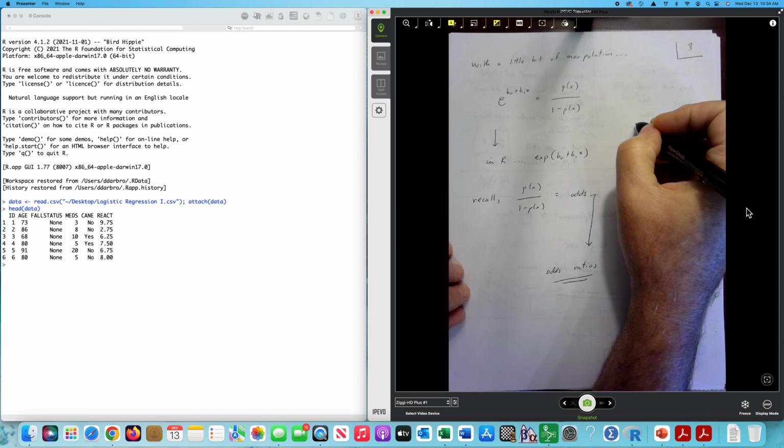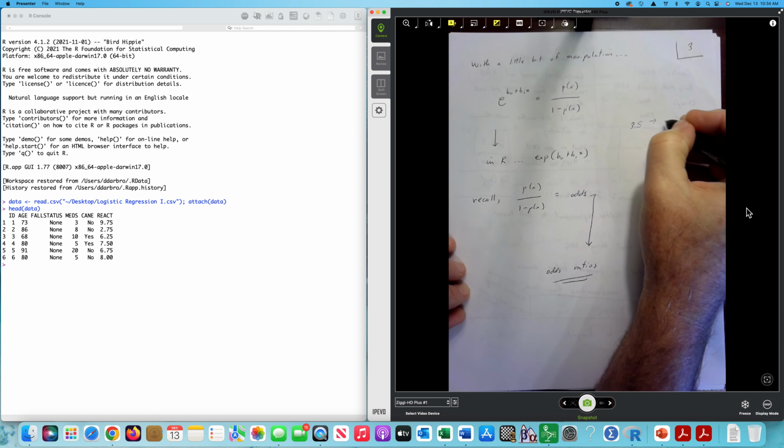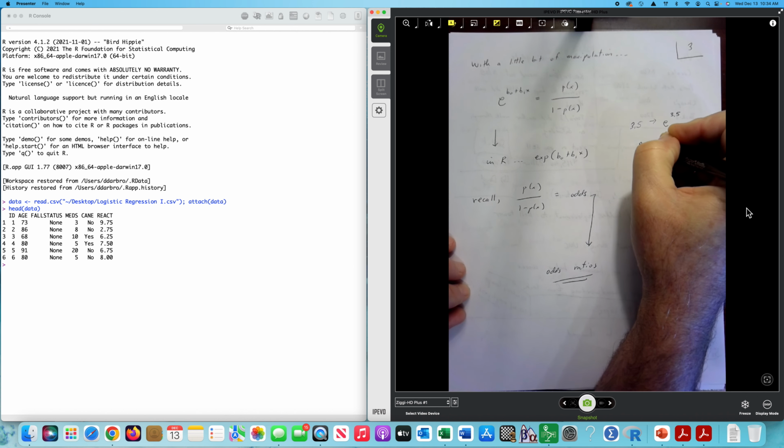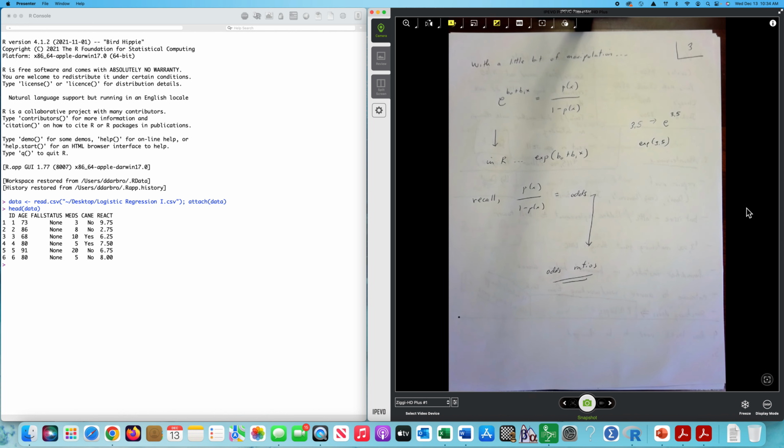So if I want to take e and raise it to the 3.5 in R, I would just type exp(3.5). That's going to play an important role in understanding the coefficient estimates in our R output.